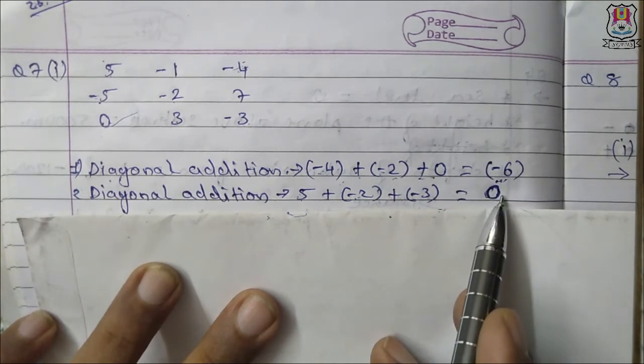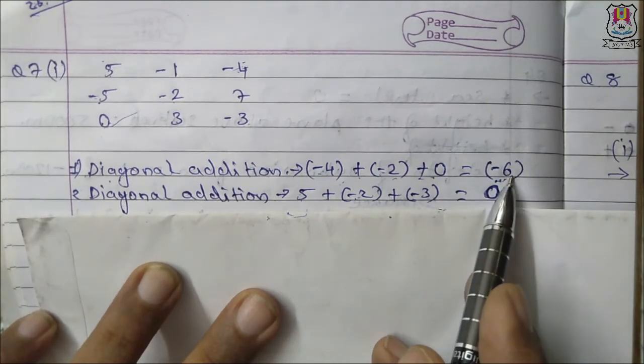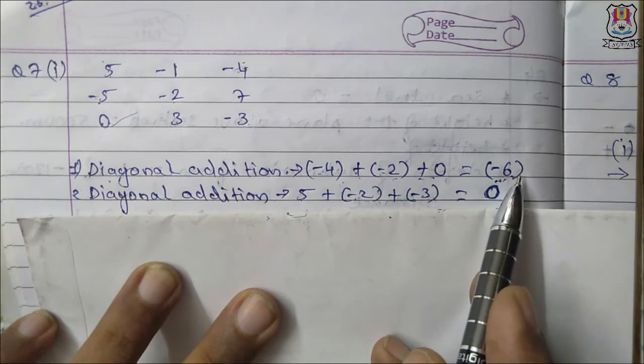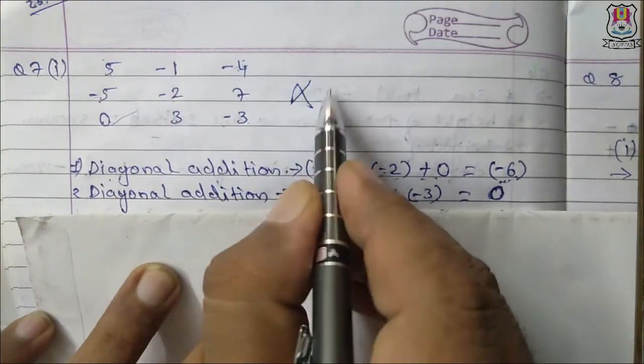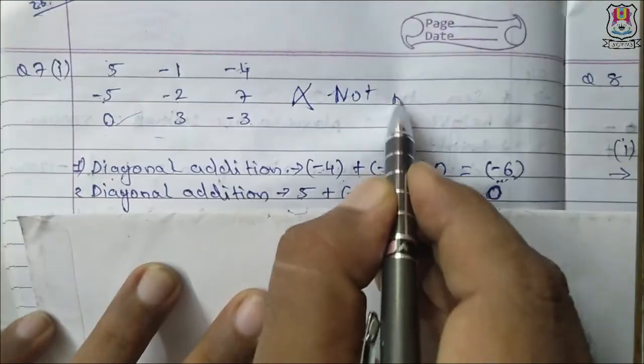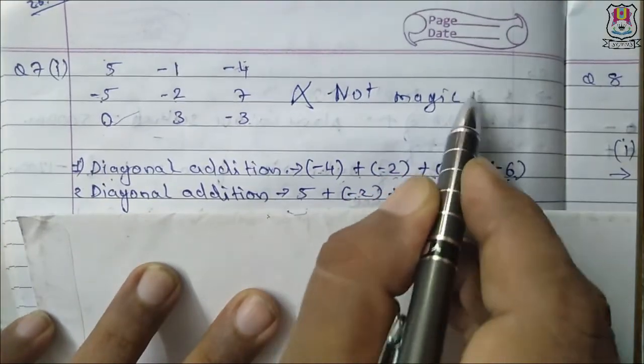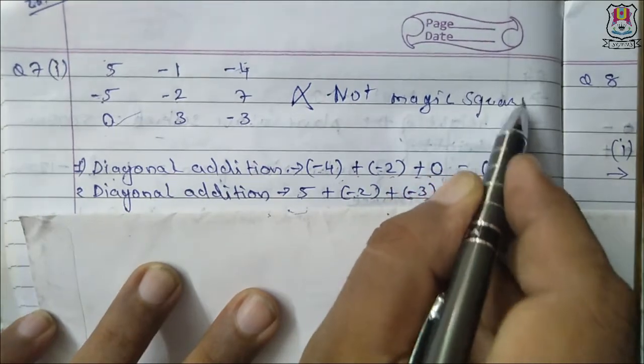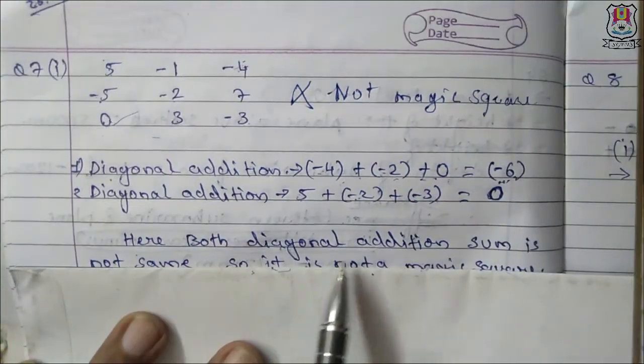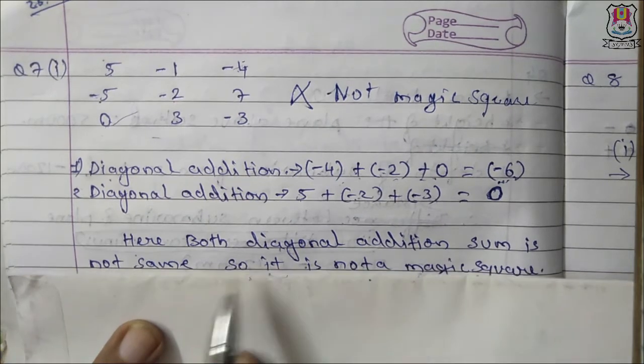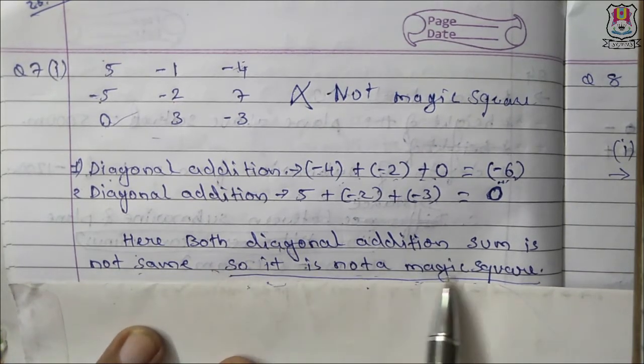So in the first square itself we are getting two different answers for the diagonals, and that is the reason this is not a magic square. Both diagonal sums are not the same, so it is not a magic square.